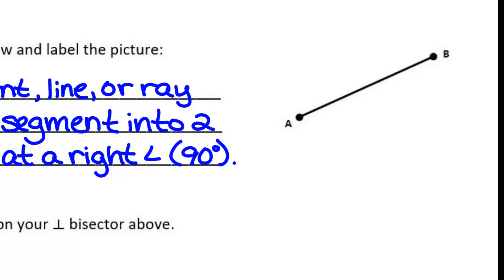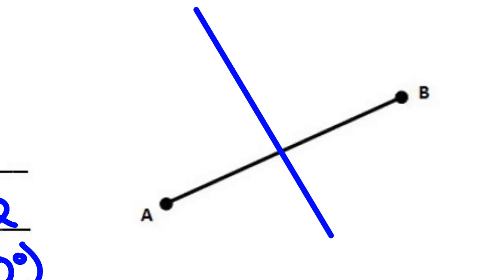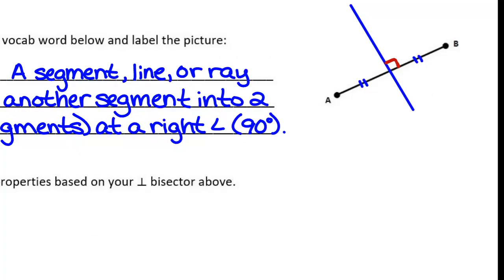So we're going to draw a perpendicular bisector here. A perpendicular bisector cuts my segment into two congruent parts, and it makes a right angle with that segment.